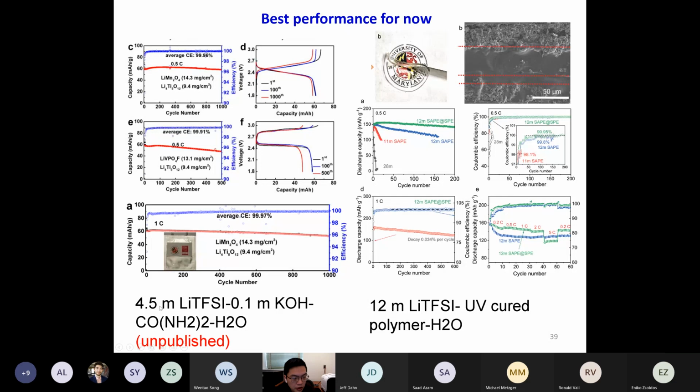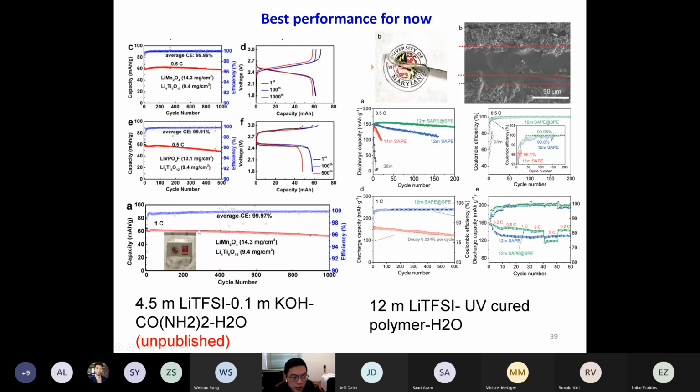So in this work, we use a 4.5 molar lithium salt, which is a largely reduced salt usage. And we add a little bit of KOH to promote the SEI formation. And most importantly, we're adding urea, acting like a water stabilizer, and also trying to reduce the salt usage.